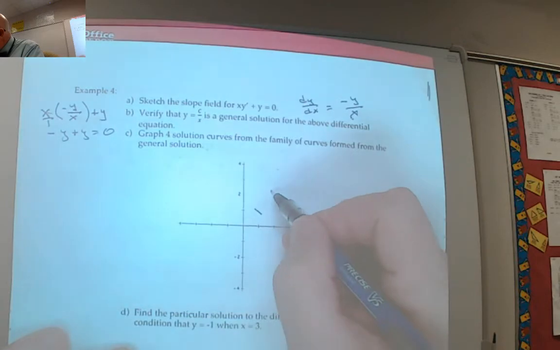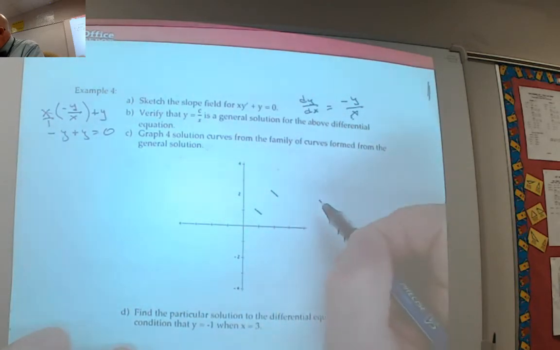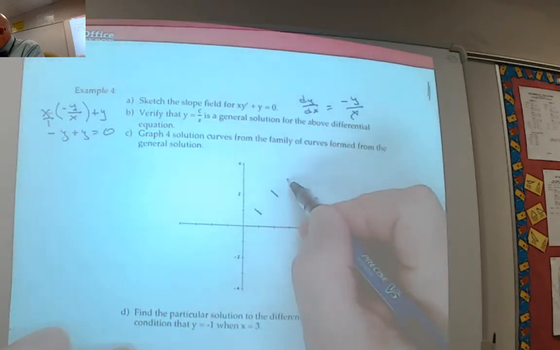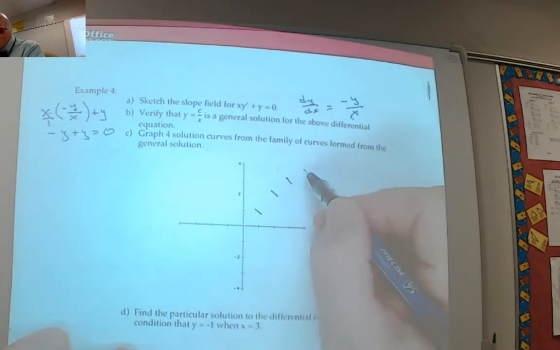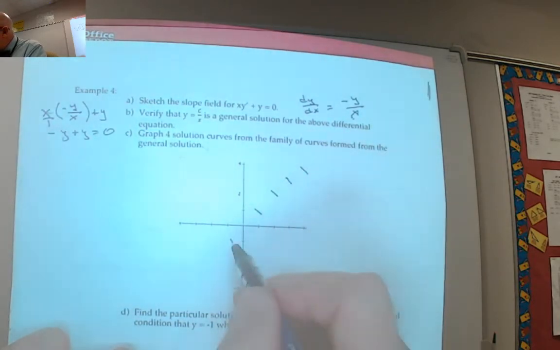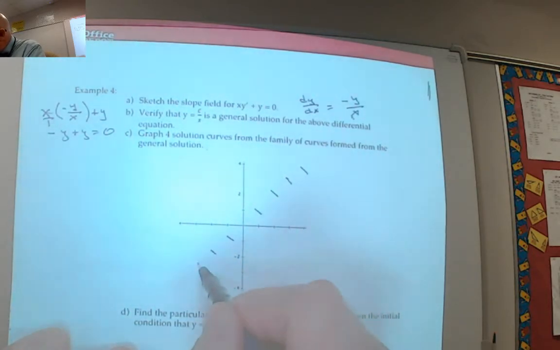Negative 1 also? What about 3, 3, and 4, 4? What about negative 1, negative 1? It's still going to be a negative 1, because you take the negative 1 and make it negative, and it becomes positive. So it's going to be the same diagonally here.